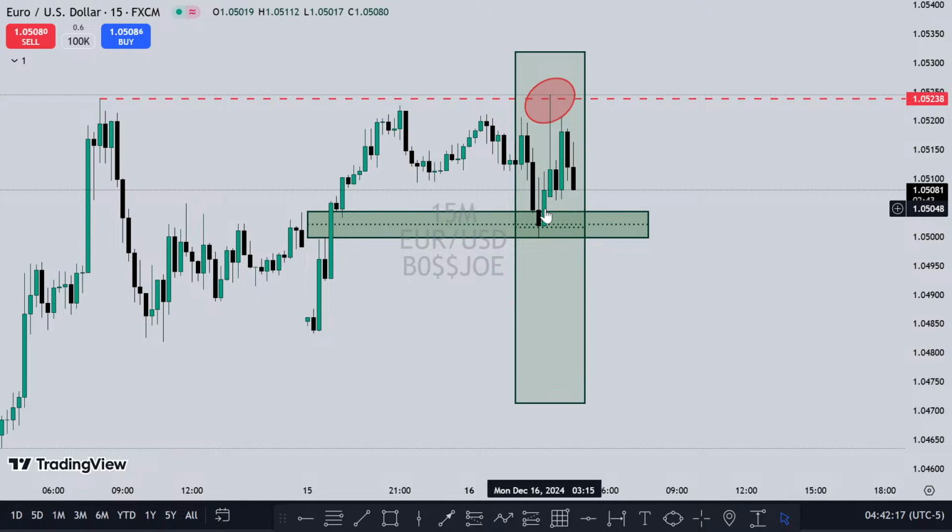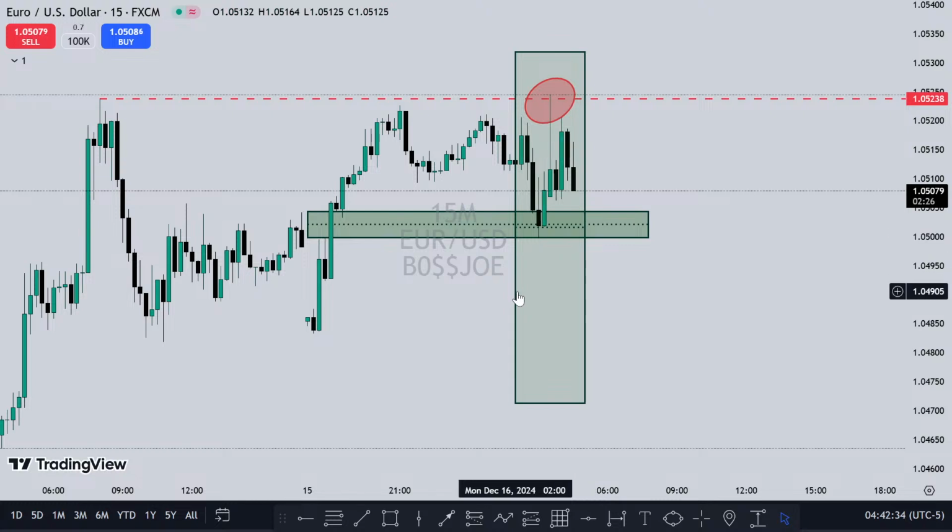So watch what happened right here. Price came inside that fair value gap, then respected the low of the fair value gap, and also the candle body closure was below.